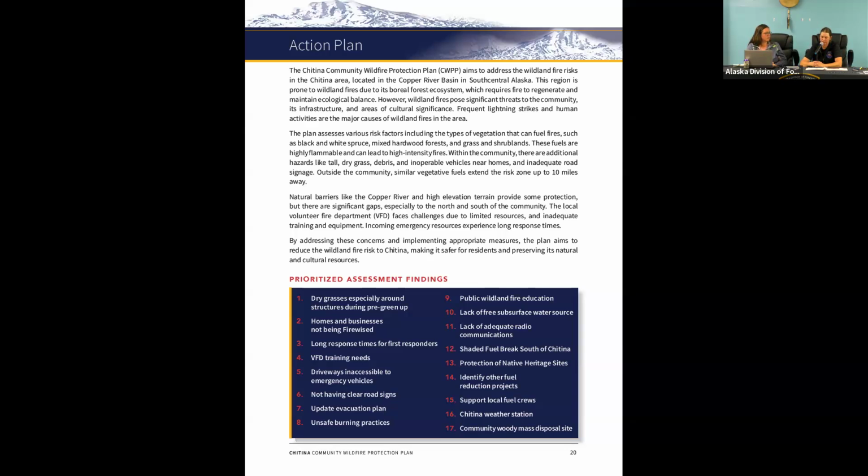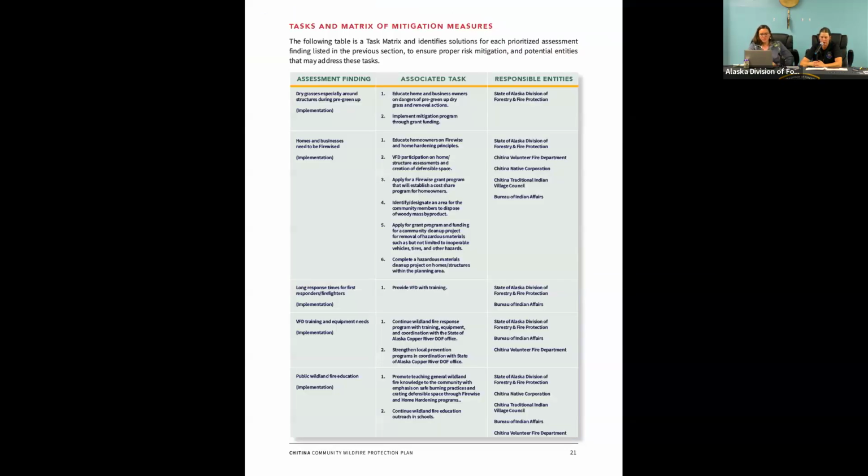Going back to the tasks and matrix of mitigation measures, we'll be getting together more with, say, Dean and other traditional Native council members to see where they potentially want to be plugged into these areas, other agencies, and of course, our own division is doing everything we can to help the community meet the things that are addressed in here.